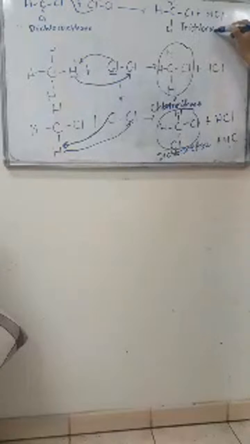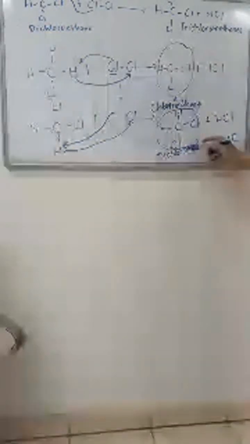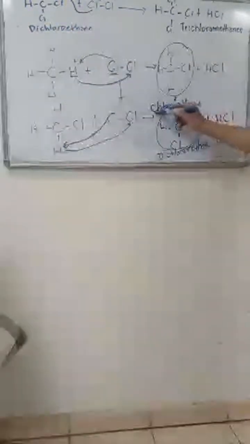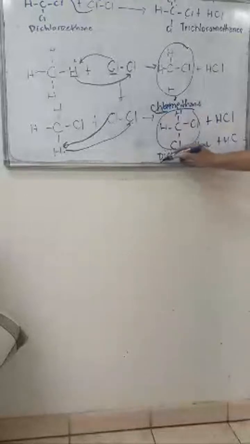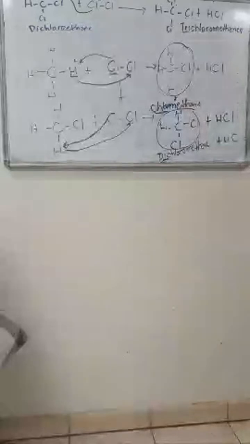What you will notice here is that you apply the prefix in naming. We say chloro, that's actually mono, but you don't have to put mono. It's understood. And then di, tri, things like that.